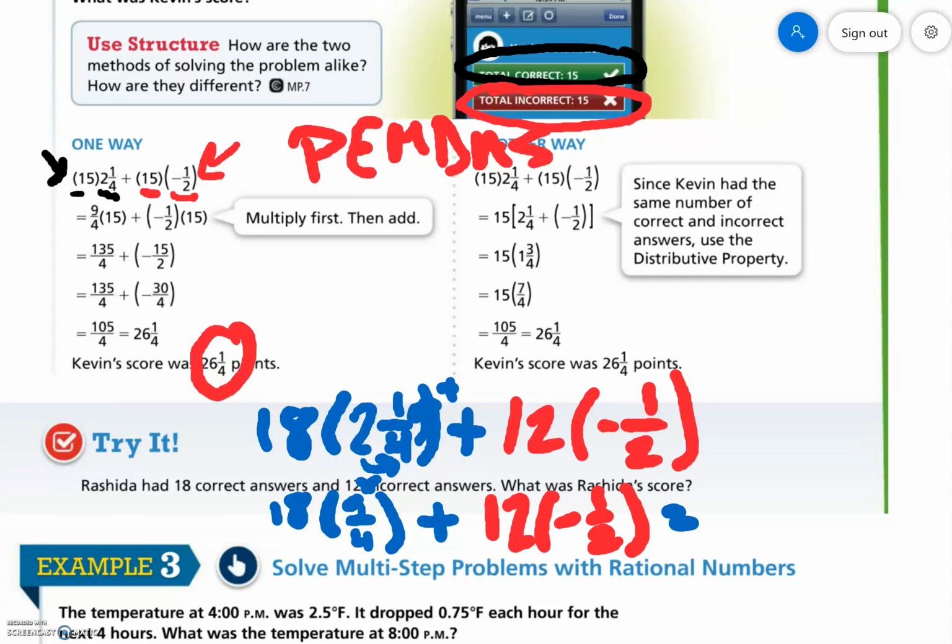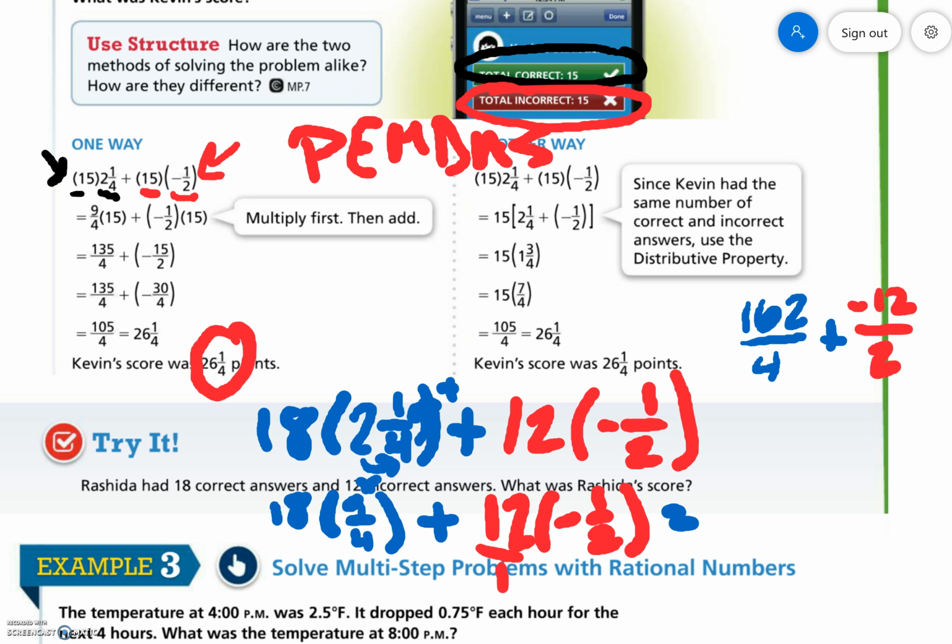It's going to give me 18 times 9, which is 162. Write it up here where I have more room. 162 divided by 4 plus 12 times -1. We'll put this over 1. 12 times negative 1 is negative 12 over 2.